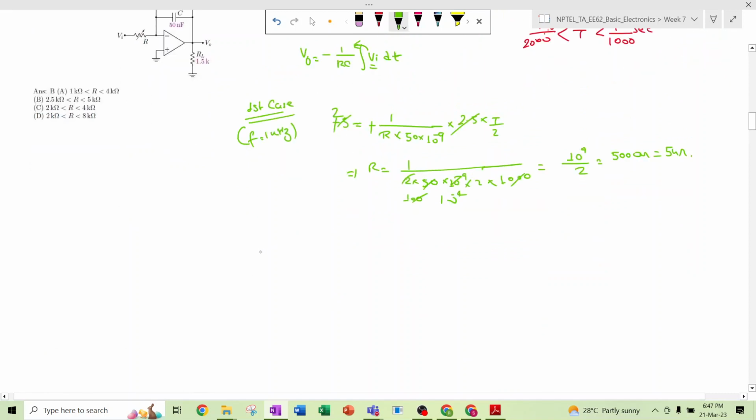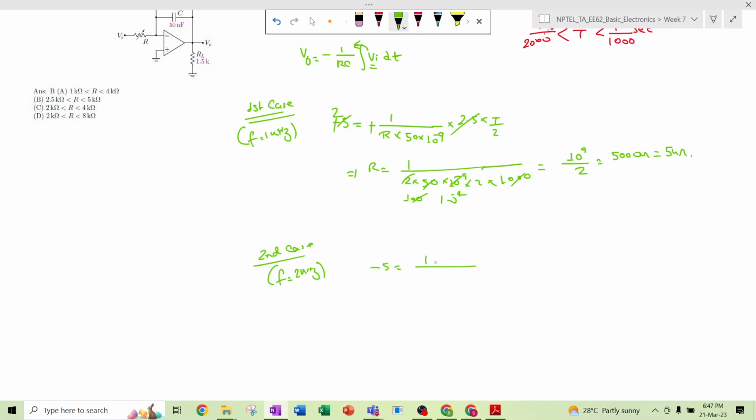For the second case, the frequency is 2 kilohertz. Now we put the same values: minus 5 is minus 1 divided by R into C, which is 50 into 10 to the power minus 9, into 2.5, and now the value of T changes. The minuses cancel out, 2.5 and 5 cancel out, and R is 1 divided by 2 into 50 into 10 to the power minus 9 into 2 into 1 divided by 2000, so it will be 2000.